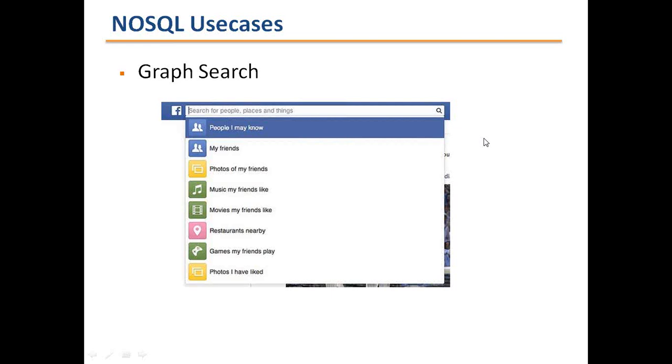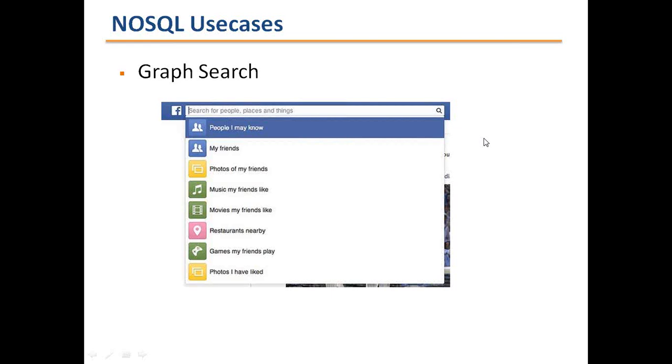If you have billions of records and you want to perform joins on 10 tables, it is very difficult and takes a lot of time. To avoid that limitation, they use graph databases. If you have connected data, we can directly follow the records instead of performing joins.